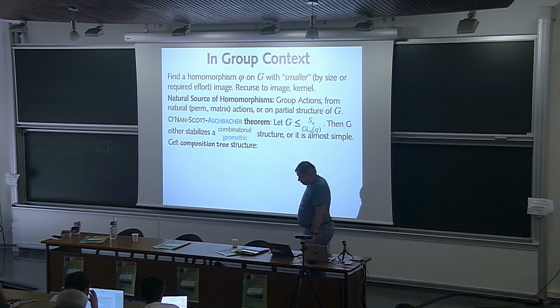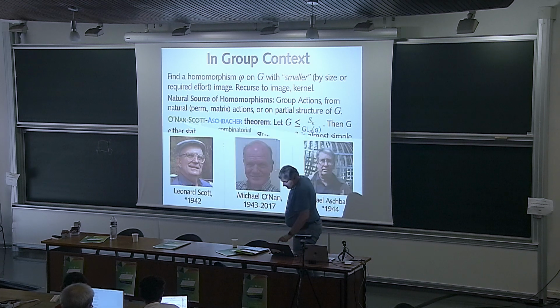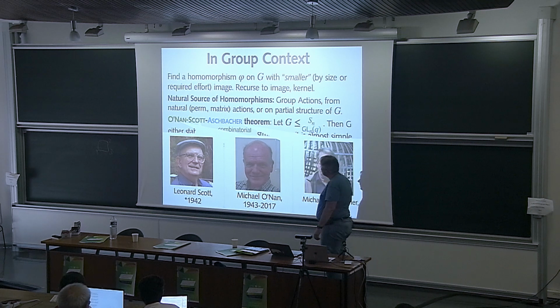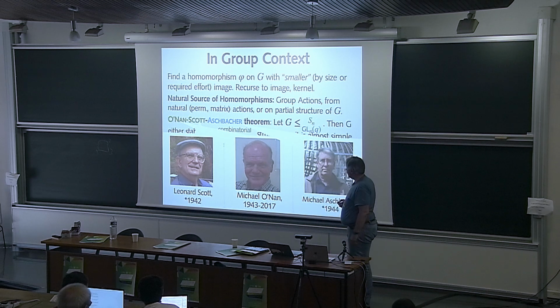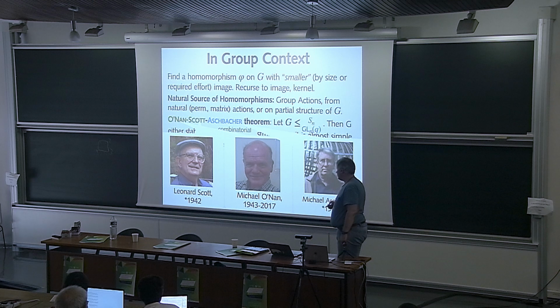And the main tool there is two theorems, which I'm throwing together here into one, the O'Nan-Scott theorem and Aschbacher's theorem. O'Nan-Scott is a theorem about permutation groups. Aschbacher is a theorem about matrix groups over finite fields. And these theorems are named after Leonard Scott, Michael O'Nan, and Michael Aschbacher.